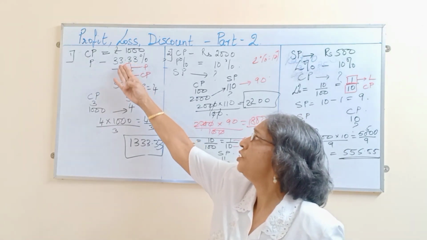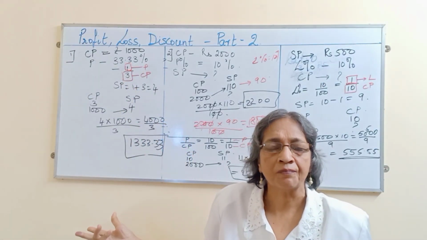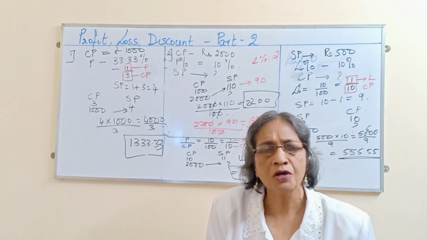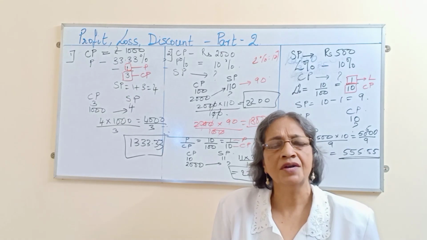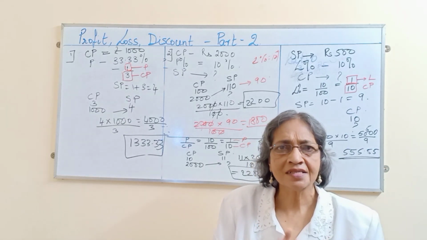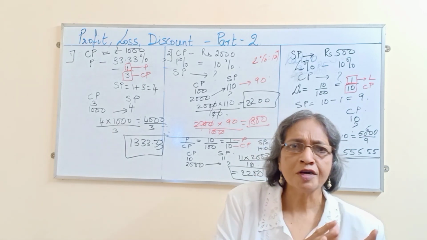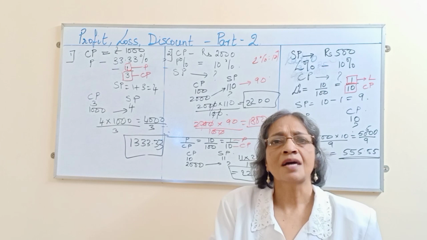So if I had given you 66.66, just put this as 2 upon 3. 2 will be your profit or loss or whatever, and 3 would be your CP.